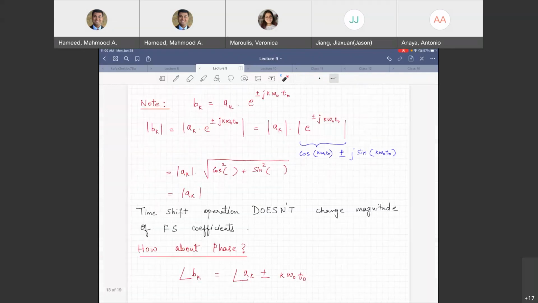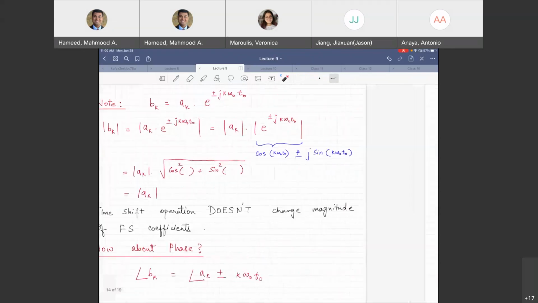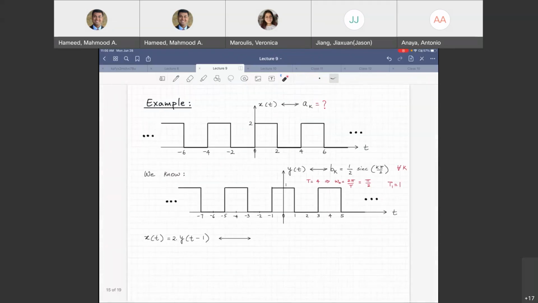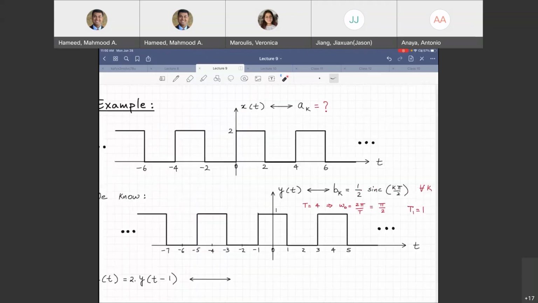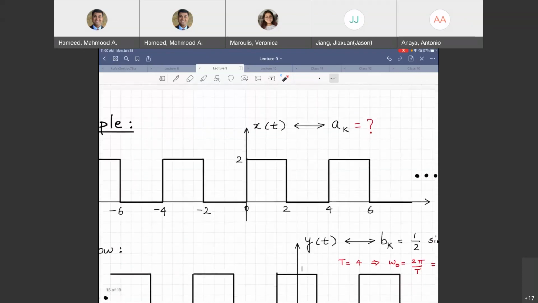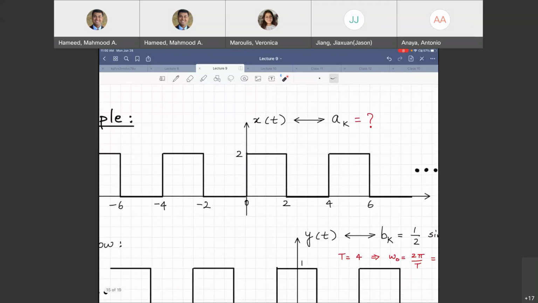Next. Talked about this. Let us apply it. Over here, we are applying linearity as well as the time shift property. So our goal is, I've given you some periodic square wave. Find the Fourier series coefficients of this. There are some problems.